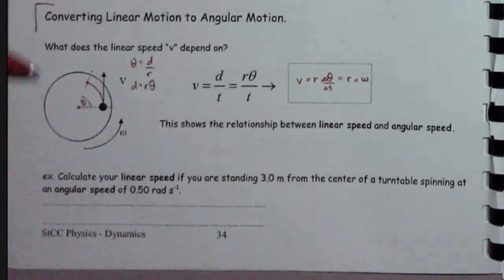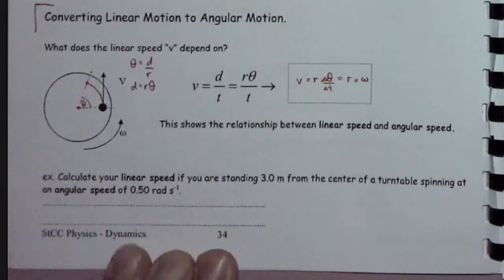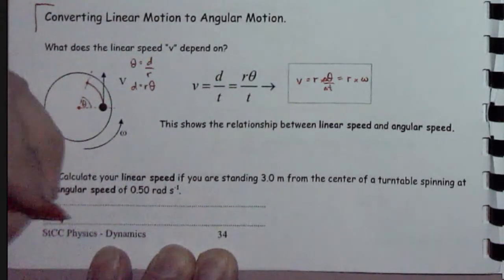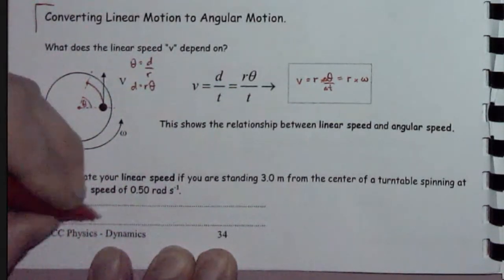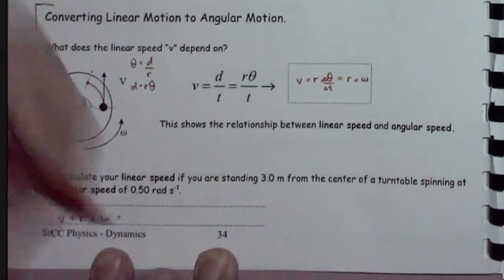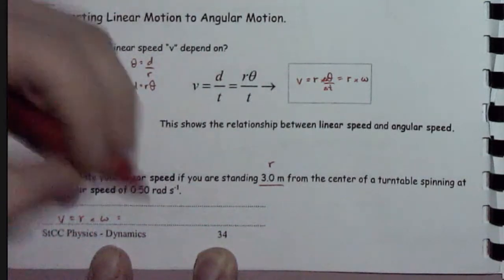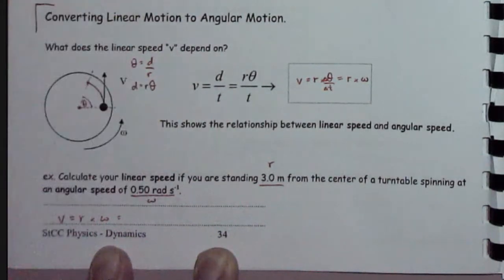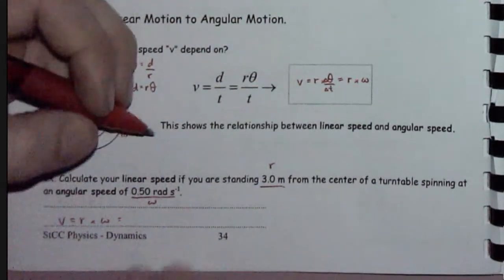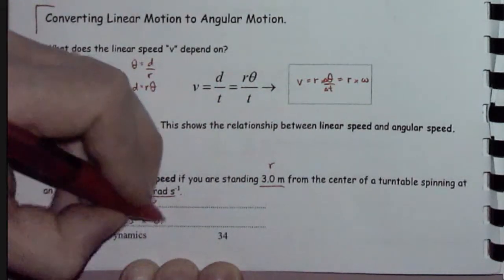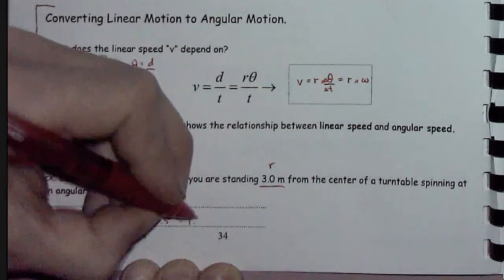So calculate your linear speed if you're standing 3 meters from the center of a turntable spinning at an angular speed of 0.5 radians per second. Well, we use the fact that v is equal to r times omega. r is 3 meters because we're standing 3 meters away from the center, and omega is 0.5 radians per second. So that's just 3 times 0.5, which is 1.5.